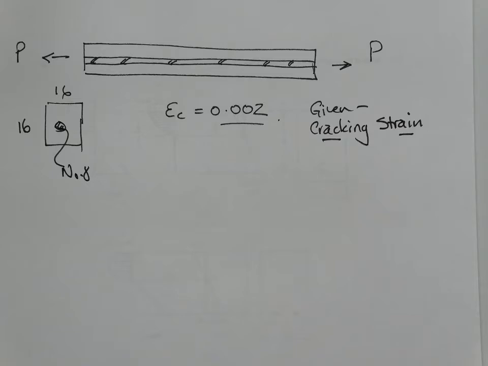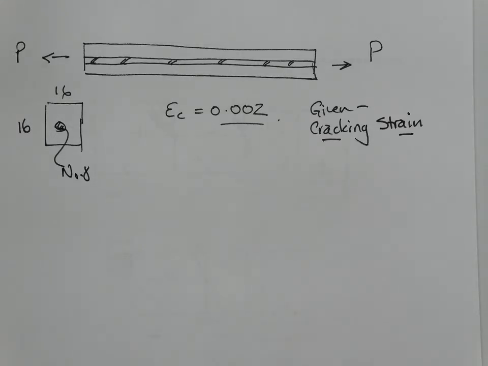So if the strain in the concrete is 0.002, what's the strain in the steel? 0.002. Because the tie cannot separate. Once it cracks, the steel can strain in between the cracks, and the concrete doesn't have to. But for right now, it does.